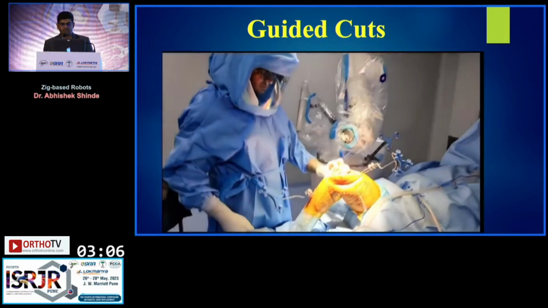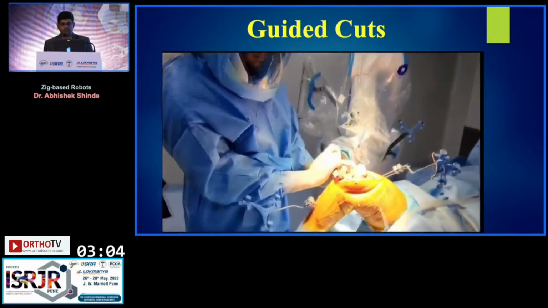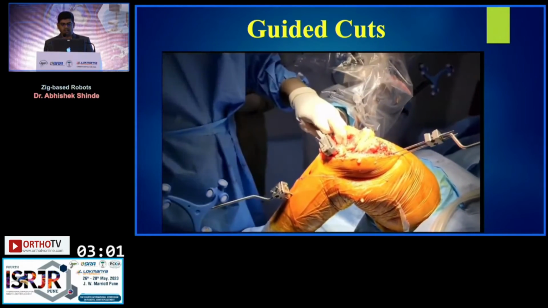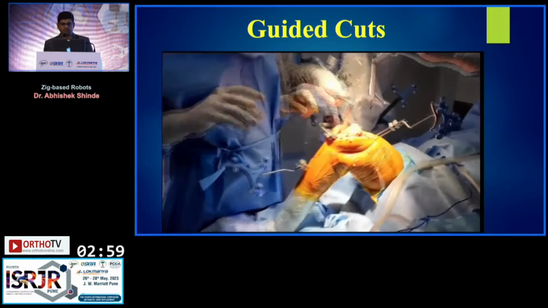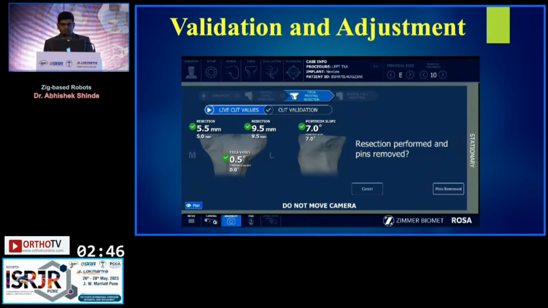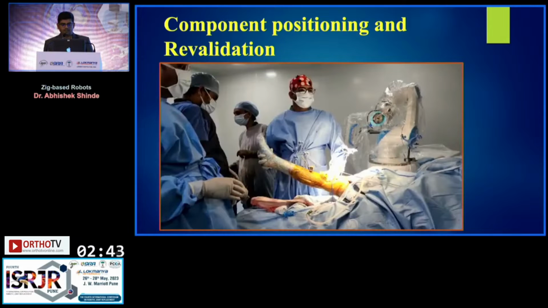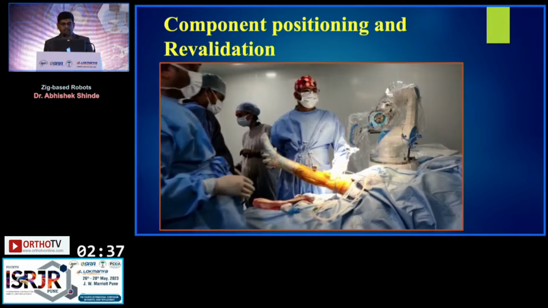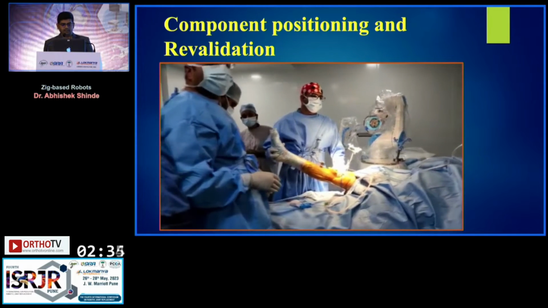Revalidation: once you are happy with the distal femur, this is the proximal tibia. Once you have done the cut, you can validate it and adjust accordingly. If you are not happy, you can take a recut as well. Once all cuts are taken, you can put the component and then revalidate again.